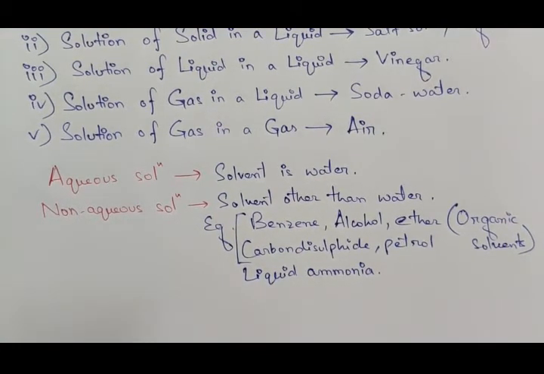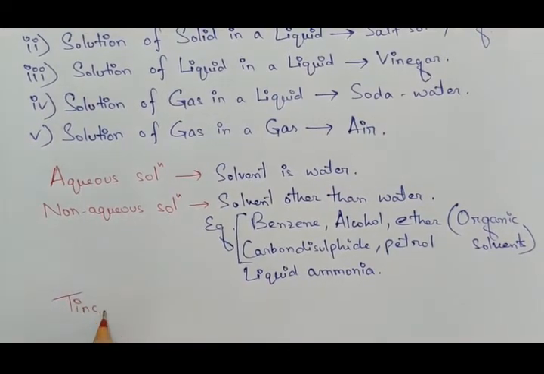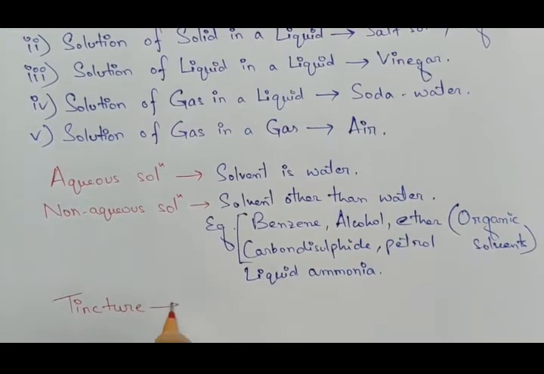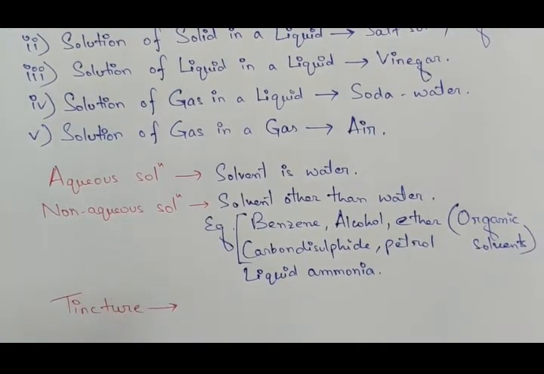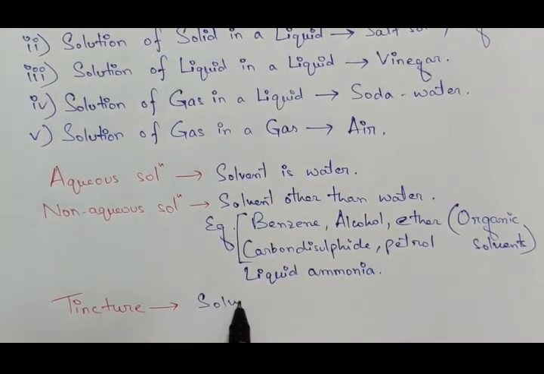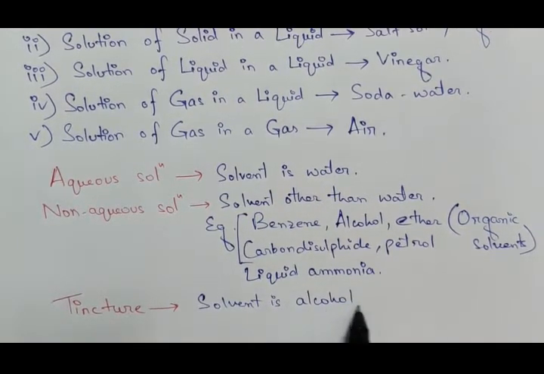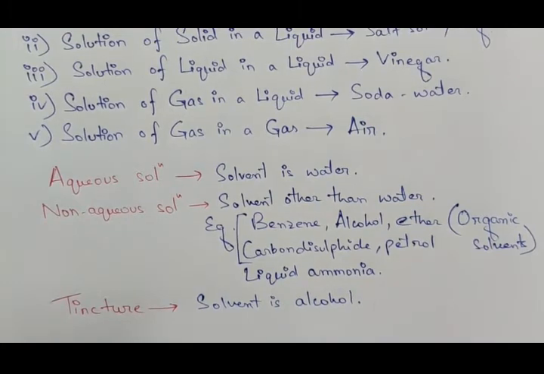Another type of solution is called the tincture. It is another type of non-aqueous solution, and it is called tincture because in this case the solvent is mainly alcohol. So whenever the solvent is alcohol, the solution is termed as tincture.